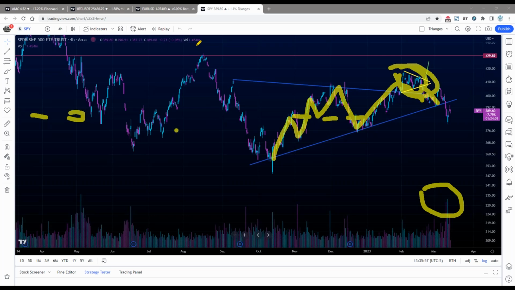Now, I only trade a handful of assets. I trade the euro and its crosses. I don't trade stocks. I don't trade crypto. Not for any reason. I don't have any good or bad things to say. I started trading the euro dollar a zillion years ago, and I added on to the other majors, and that's just where I stay because I know these like the back of my hand.